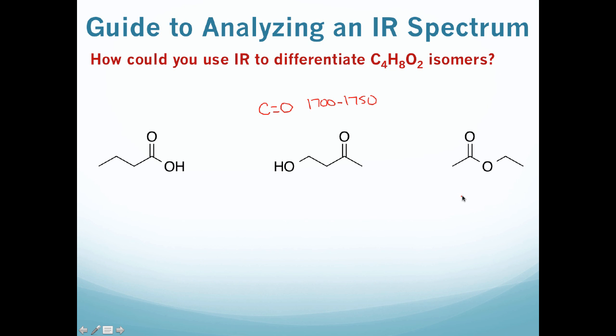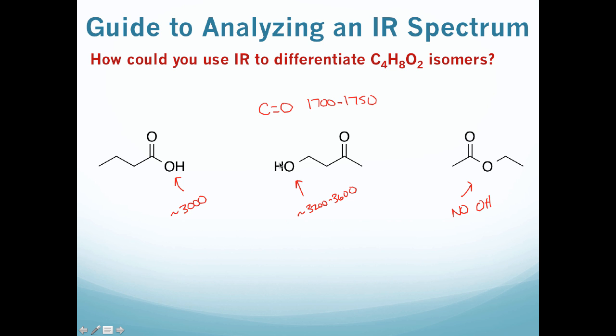The next thing we can say is that in this ester here, we're not going to see an OH stretch. But in both of these two compounds, we're going to see an OH. The first one is just a regular primary alcohol, and we would expect to see that around 3200 to 3600. However, the carboxylic acid OH, we would expect to see around 3000 wave numbers.